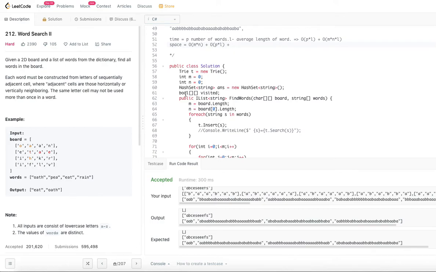Plus we are using the trie. How much space do we need to generate a trie? That depends on how many levels we have in the trie and how many characters individually we have. Again, it will not be easy to get the space complexity for the trie, because we don't know the number of words, their average length, and how coherent and how duplicated the data is. So for that purpose, we will say again order of p into L. So this is the space complexity for this particular algorithm.